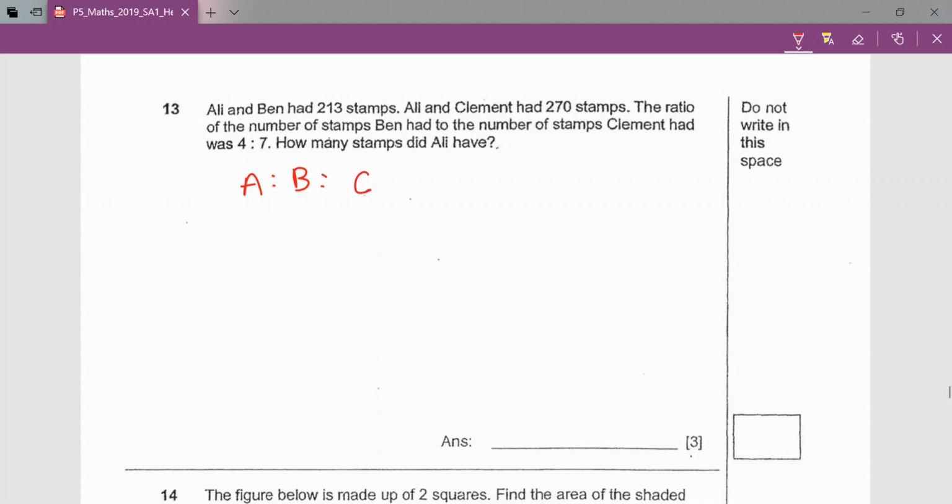Ali is the one that is unknown, so it's still Ali. Ben is 4, Clement is 7.